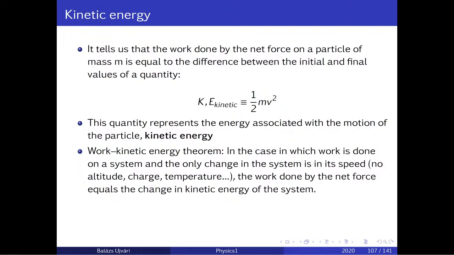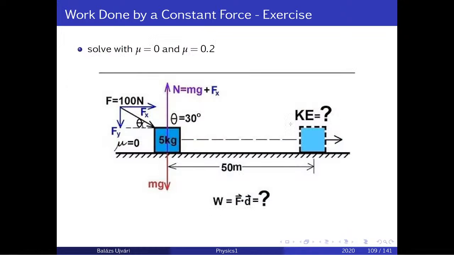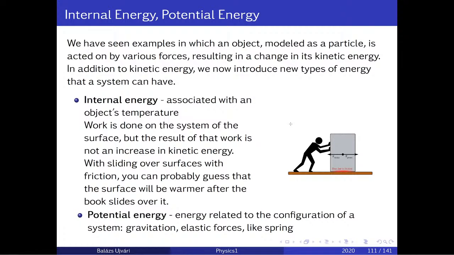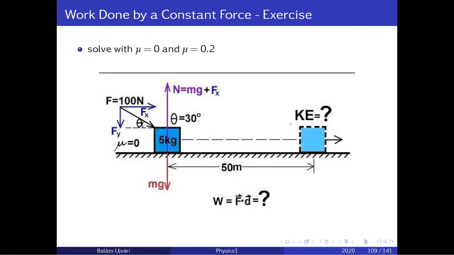Let's see in what system it's true that the work only changes the kinetic energy. Only if we do not change the height of the body, because anytime we move the height of the body in a gravitational field, we have to calculate with the potential, and right now we don't want to calculate with the potential.